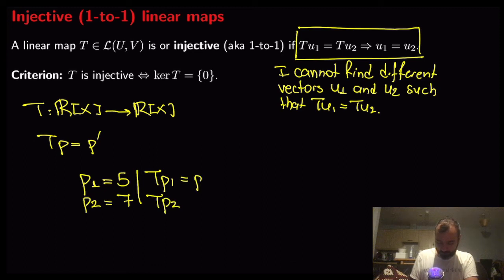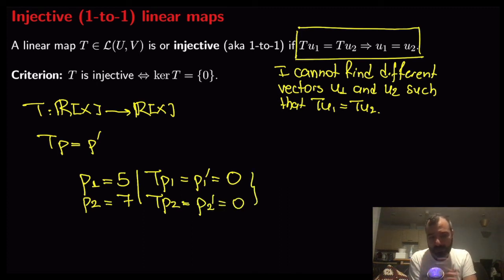T of P1 is P1 derivative, which is equal to 0. T of P2 is P2 derivative, which is equal to 0. T of P1 is equal to T of P2, but P1 and P2 are absolutely different. They're 5 and 7, but the derivatives are identical. They are both equal to 0.